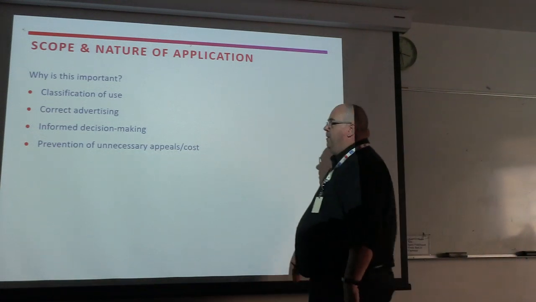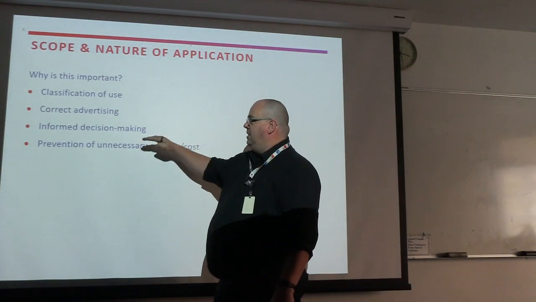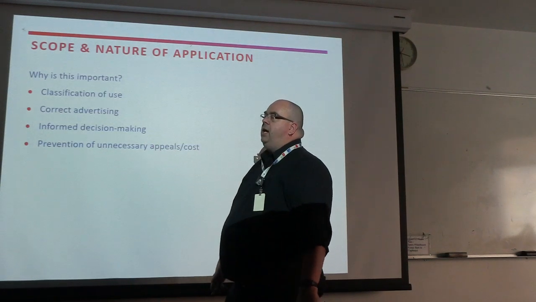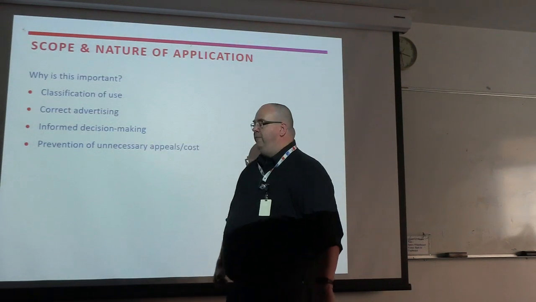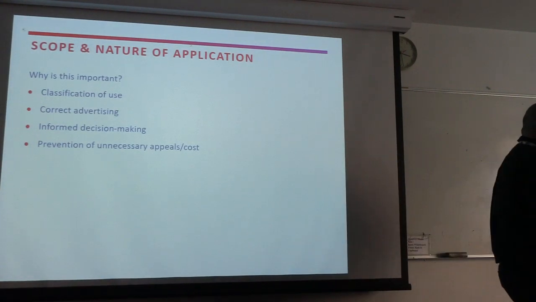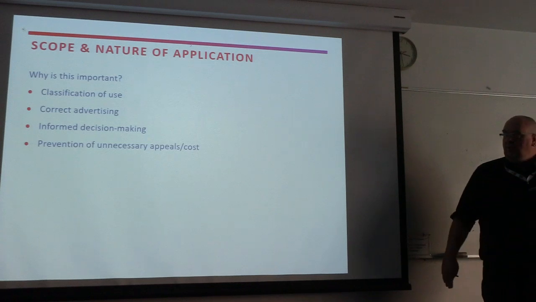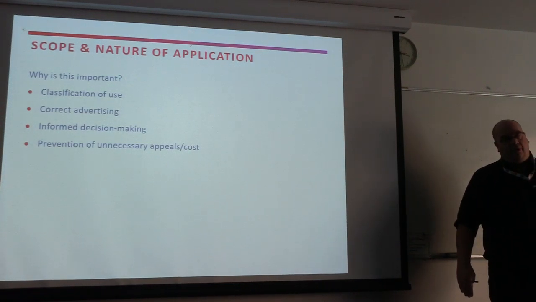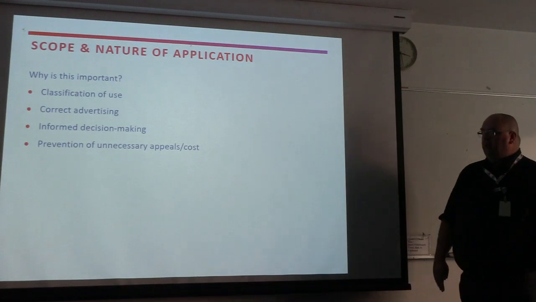And of course, under Tassie's legislation, if you fail to determine within the 42 days, or an extension as agreed between the applicant and council, the applicant can take you to the tribunal under a failure to determine.